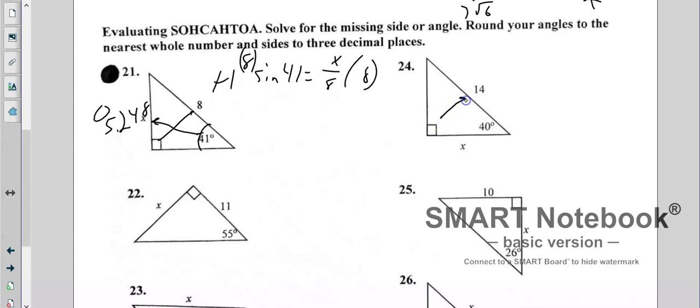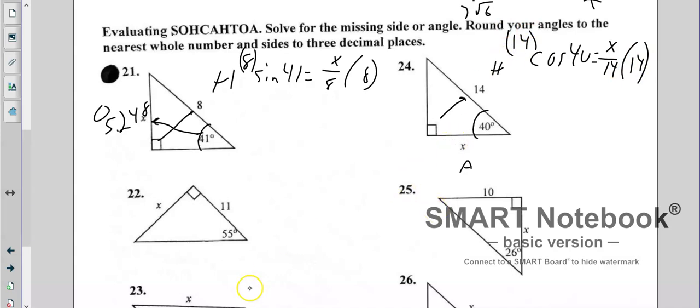Again, we know we have the hypotenuse. Here's the angle, but we're looking at the side right next to it. So that's adjacent. So that's cosine. Cosine of 40 equals adjacent over hypotenuse. Again, this is the easier version when you just simply multiply by 14.